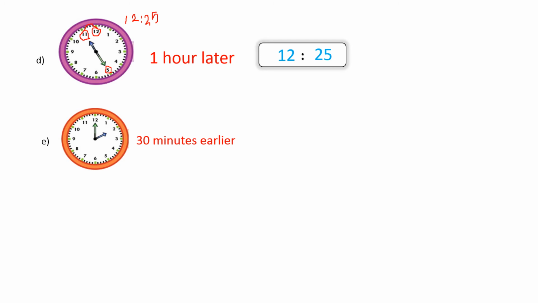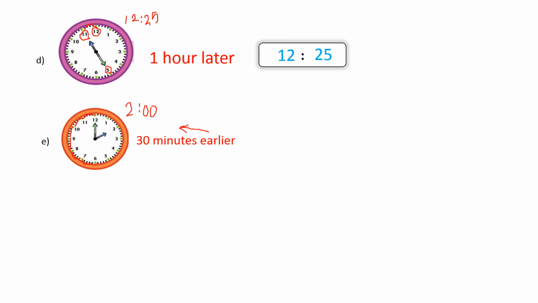So here the time is 2 o'clock. He wants 30 minutes earlier, so we're going backward 30. So 5, 10, 15, 20, 25, 30.